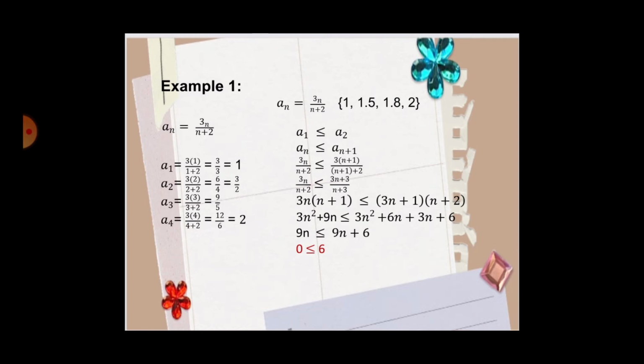So 3n squared plus 9n is less than or equal to 3n squared plus 6n plus 3n plus 6. 9n is less than or equal to 9n plus 6. So 0 is less than or equal to 6.